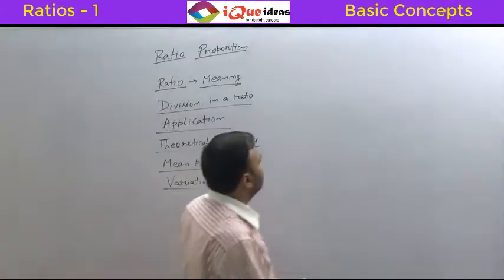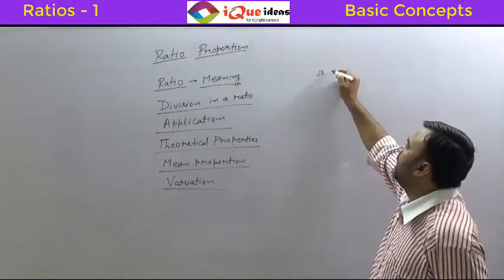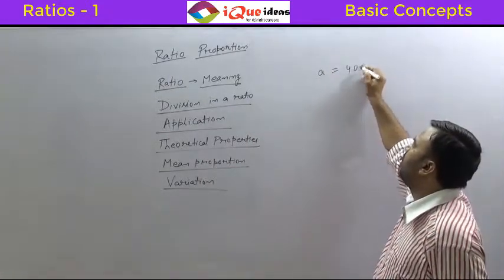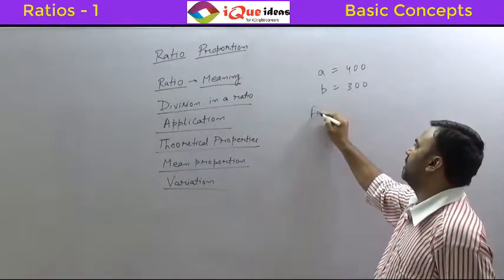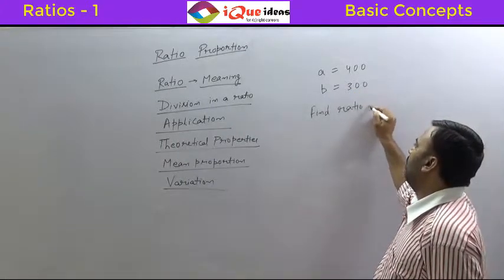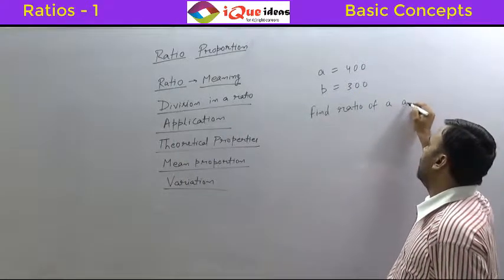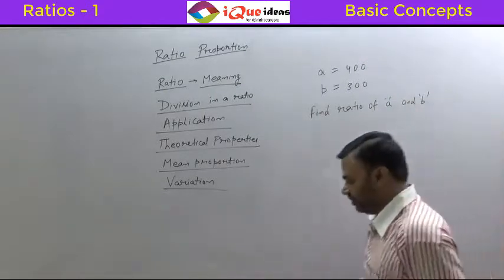Okay, now let's see. First of all, what is the meaning of ratio? If I simply say A is equal to 400, B is equal to 300, and the question is find the ratio of A and B. What does it mean?